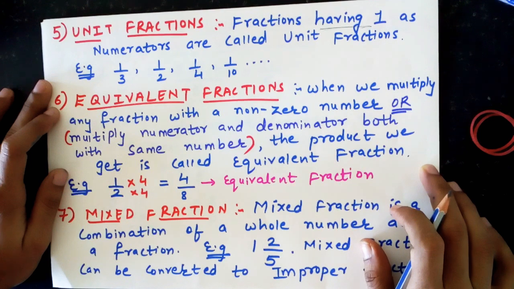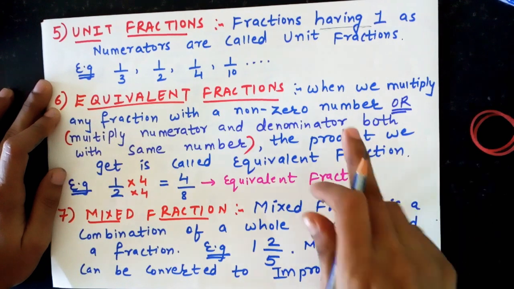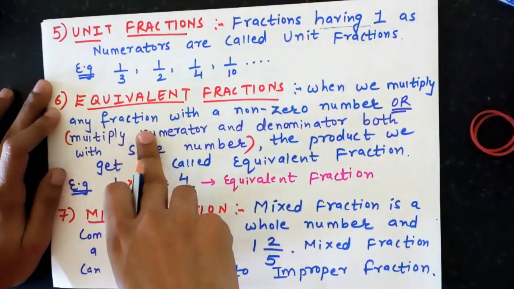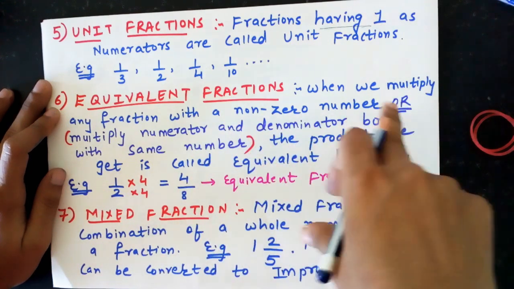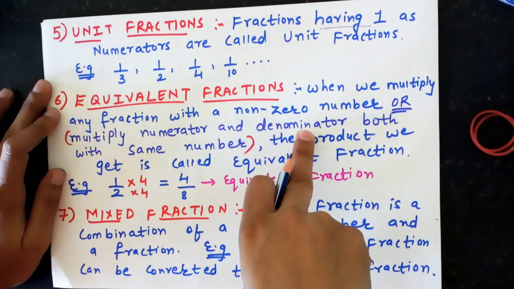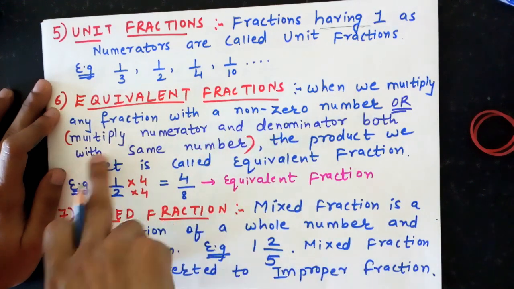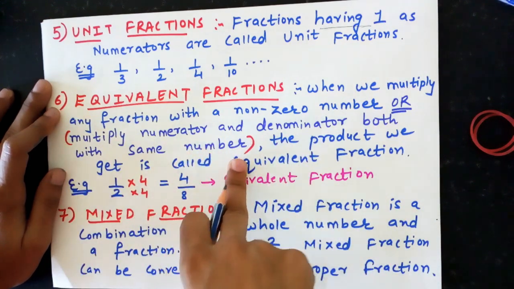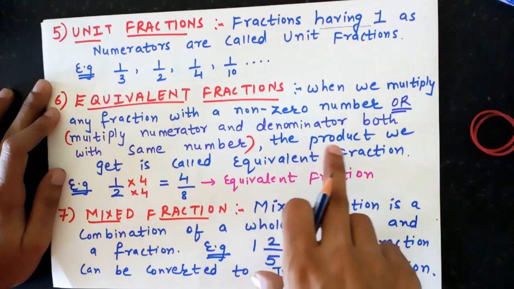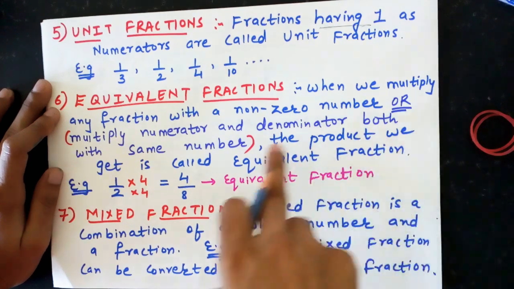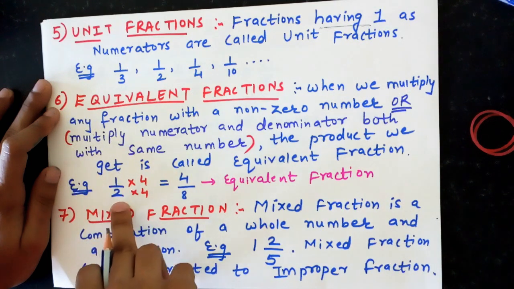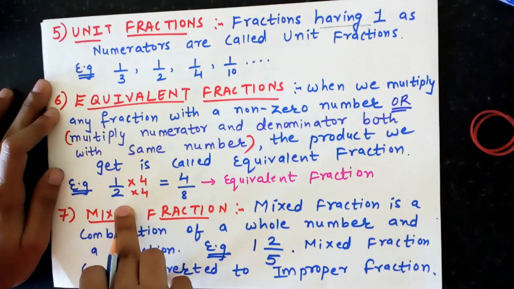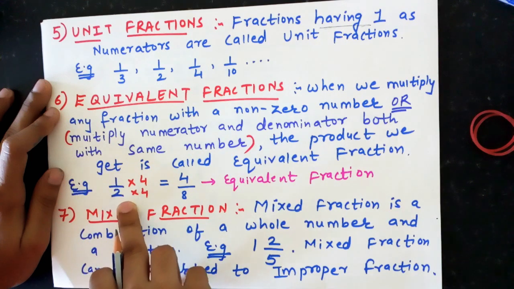Now next, that is equivalent fractions. When we multiply a fraction's numerator and denominator, both, by the same non-zero number, then whatever answer you get, that is called an equivalent fraction. For example, let us take one fraction, 1 upon 2, and multiply both by some number.